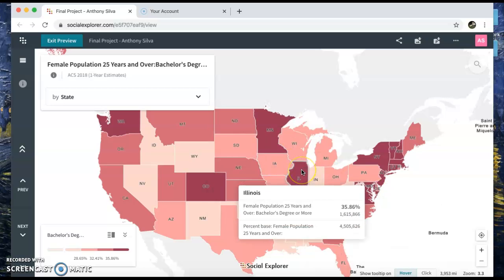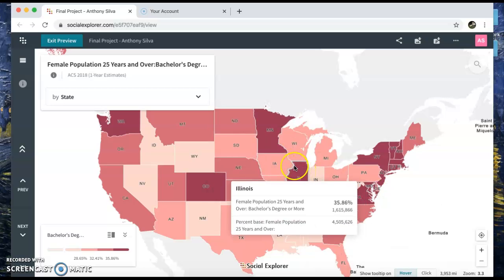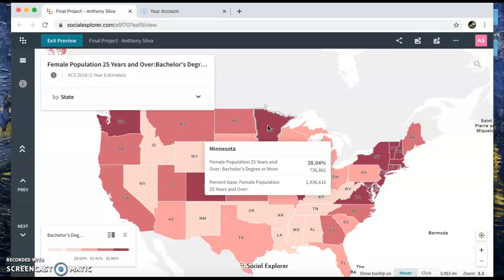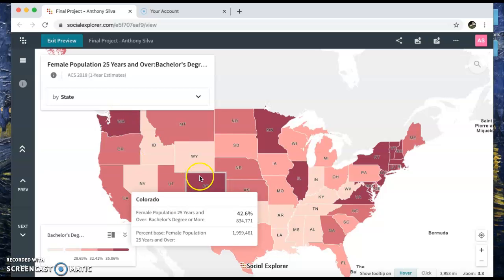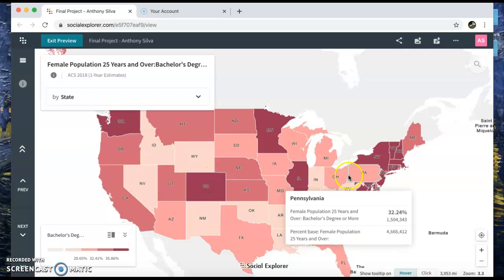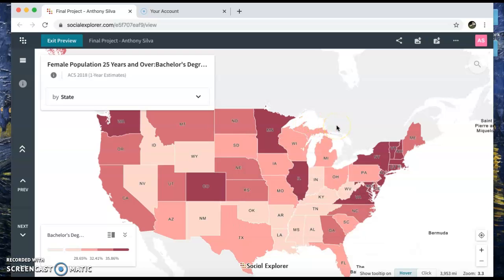And then Illinois, generally a more educated state, 35%, Minnesota 38, Washington 36, Colorado 42. So wow, Colorado. So yeah, you see more or less what you'd expect to see in the more liberal progressive states.